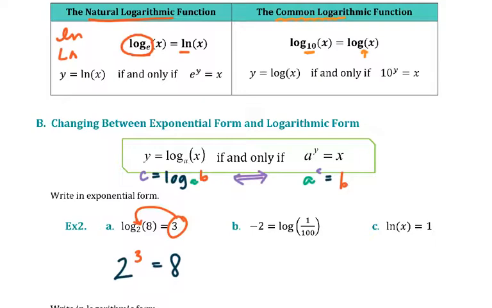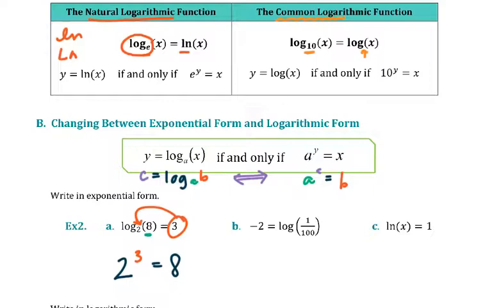I don't think I mentioned this yet, but the definition of a logarithm is the power to which we raise the base to get the argument, and the argument is what's in the parentheses. So to what power do I raise 2 to get 8? That would be 2 cubed equals 8, and that's why 3 was the answer to our logarithm.